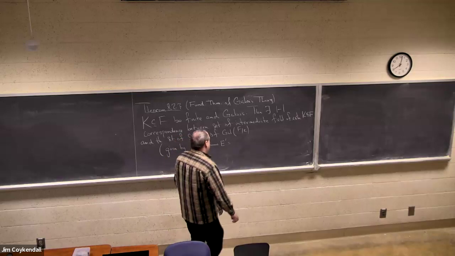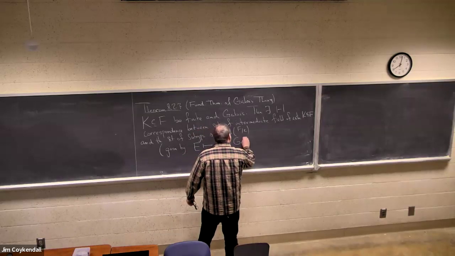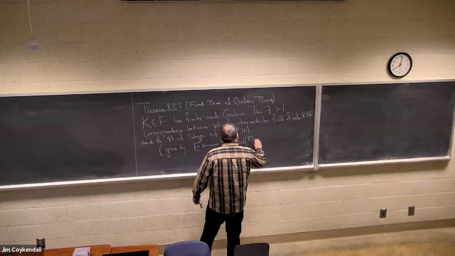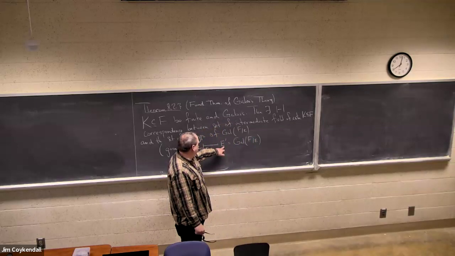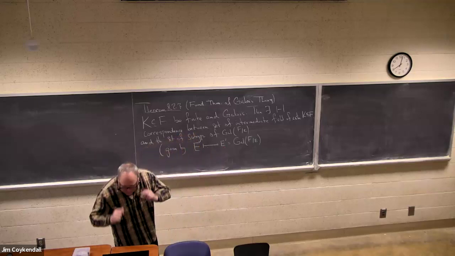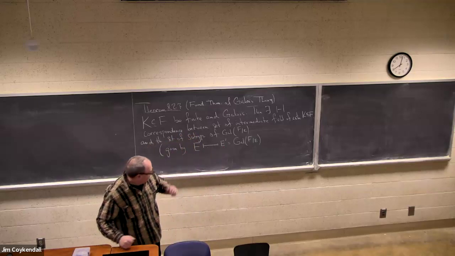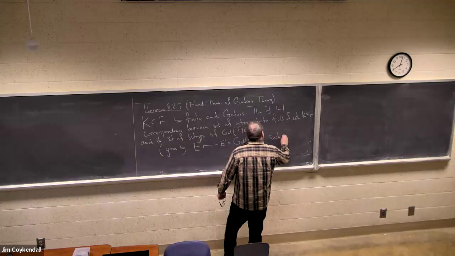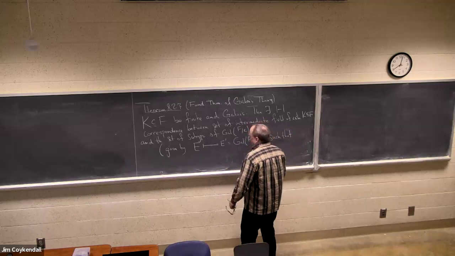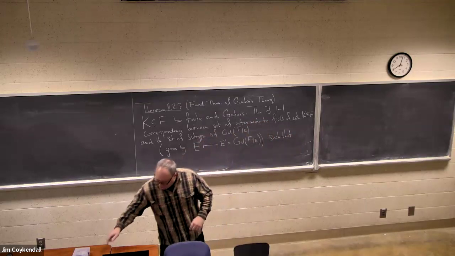Okay with that? So this is actually the Galois group of F over E, that's what E prime is, because this is the set of automorphisms of F that fix E. Such that the following hold.